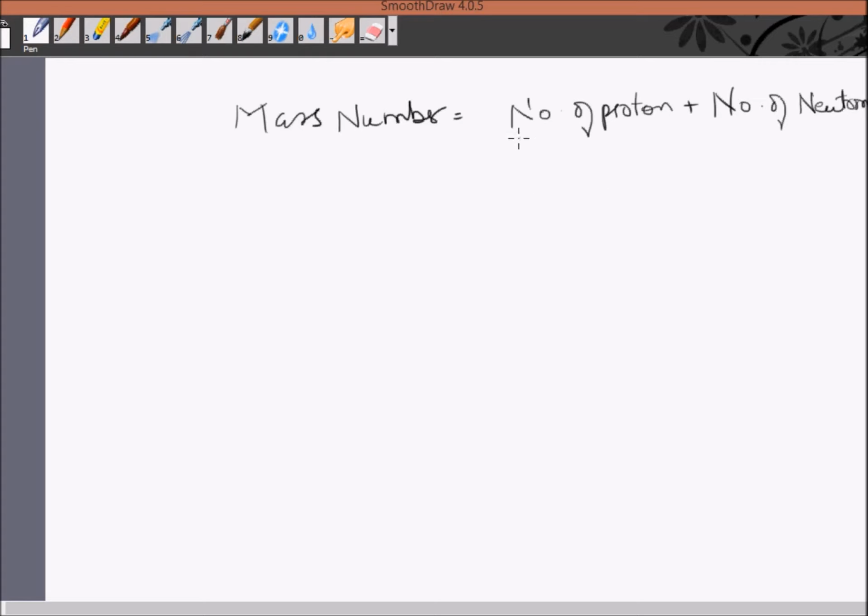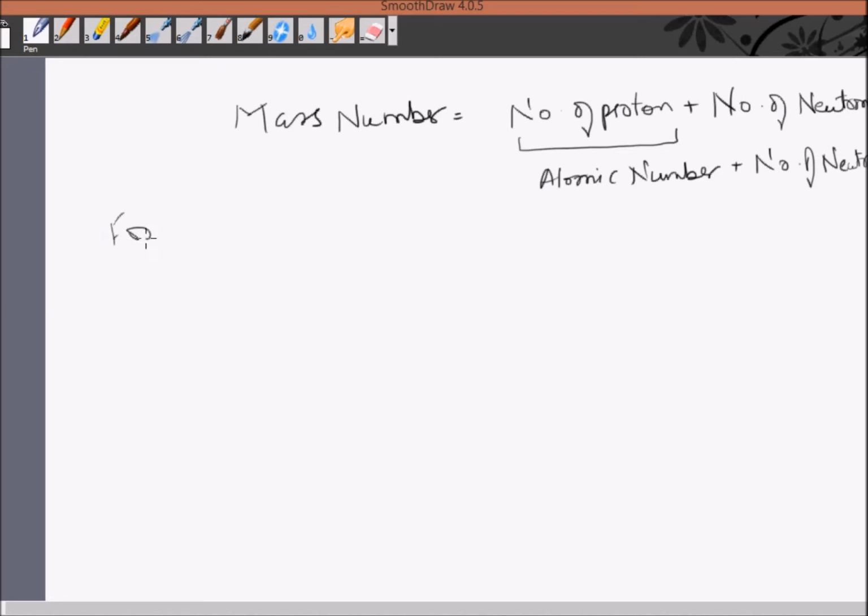Here we know this is the atomic number, and this is the number of neutrons. This relationship should be memorized because it will be used in several numerical problems.